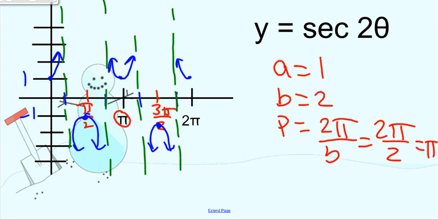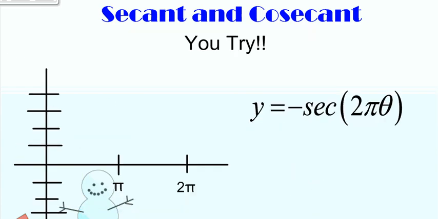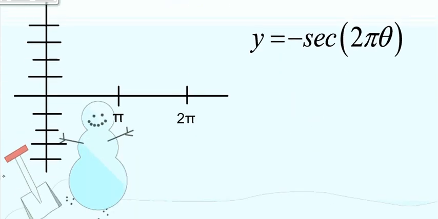Please try the next 2 examples here on your own, and I will check those when I come back to class. So I'll give you some time here to solve this one. And go ahead and just pause the video and solve.